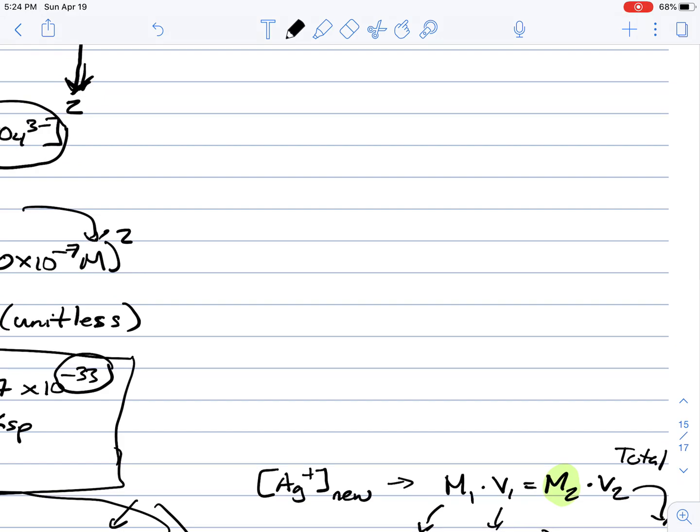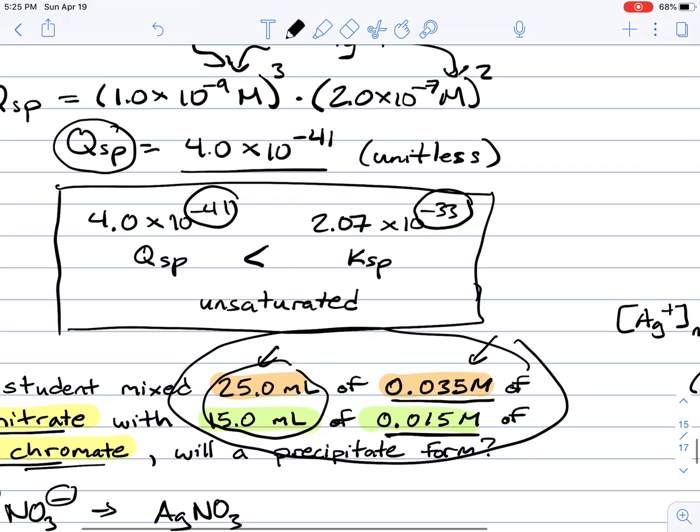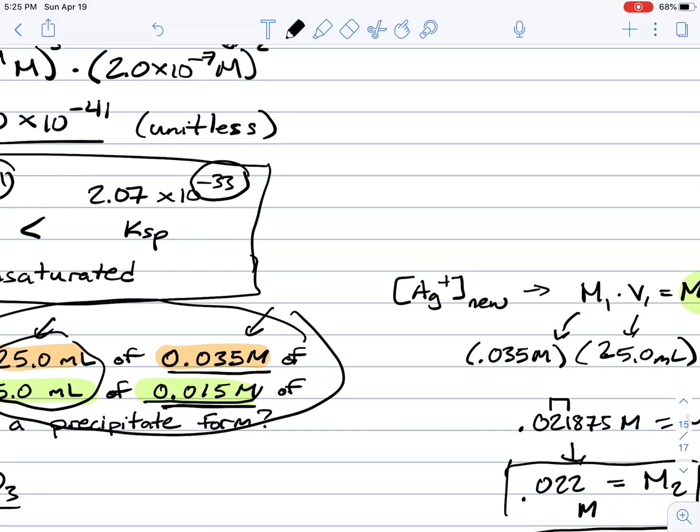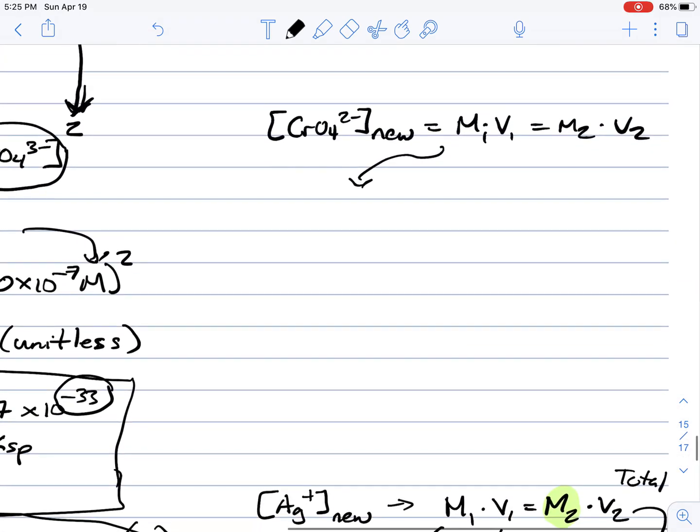So to determine the new concentration of chromate, we're going to use M1V1 is equal to M2V2, where M1 represents the original concentration, which in this case is 0.015 molar.